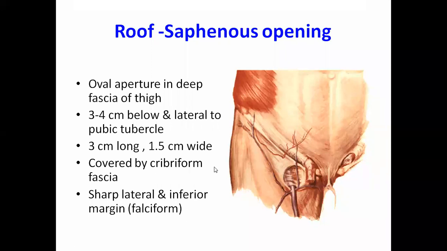It has got a sharp lateral and inferior margin. Its lateral margin and the inferior margin together are called the falciform margin. So it is something like a sickle. That is why it's called falciform, and it is very sharp.